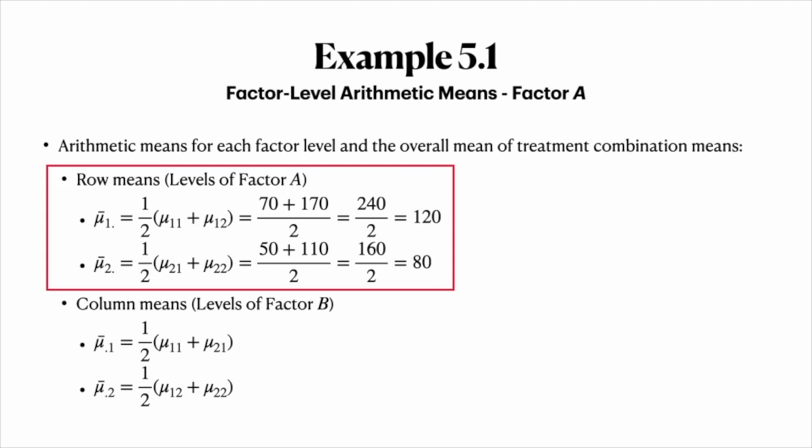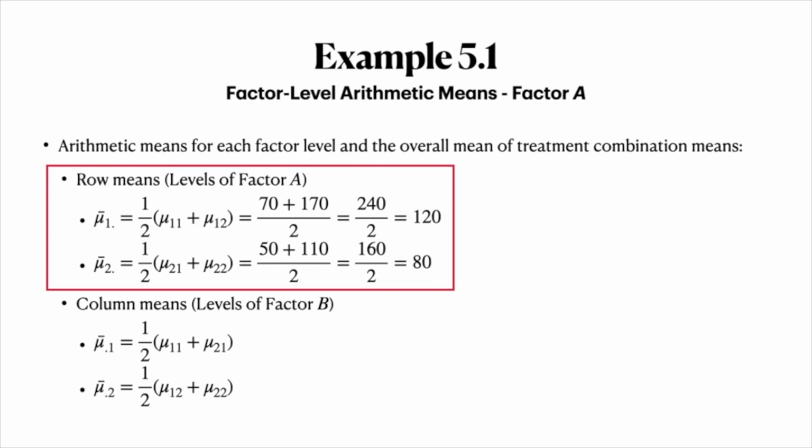These are the means of the levels of factor A. Mu bar 1 dot is the mean of the values in the first row of our 2x2 table. It's the mean of the values mu11 and mu12. Those values are 70 and 170. They add up to 240. When you divide by 2, we get 120. So mu bar 1 dot is 120.